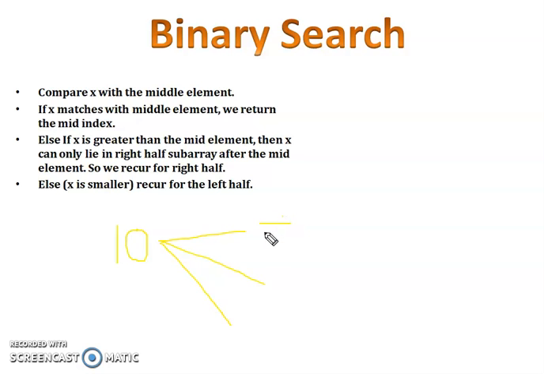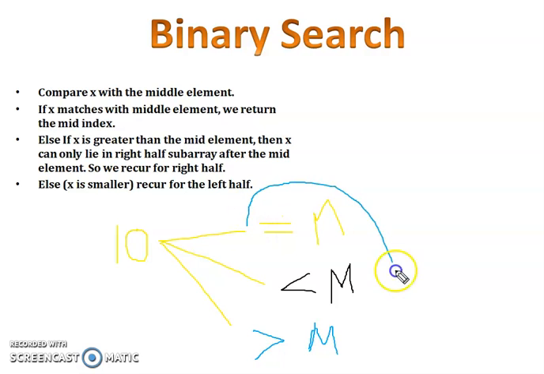What happens if x is equal to the middle? What happens if x is lesser than the middle? And what happens if x is greater than the middle? These three conditions are very important to check when implementing the concept of binary search.